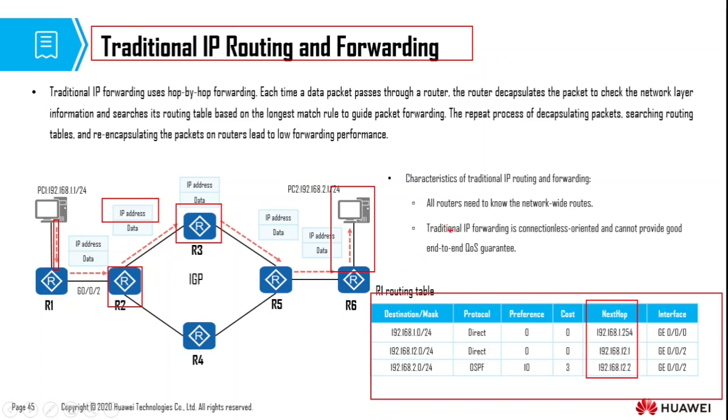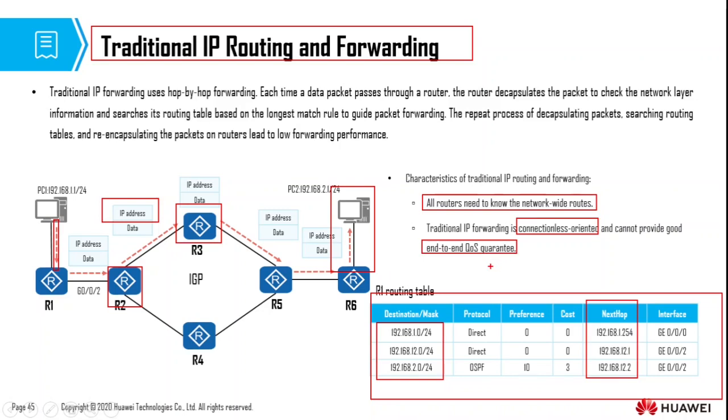So characteristics of traditional IP routing forwarding: all routers need to know the network-wide routes, meaning all the routers must have all the other networks on their routing table in order to send from source to destination. Now, traditional IP forwarding is connectionless oriented and cannot provide end-to-end quality of service guarantee.